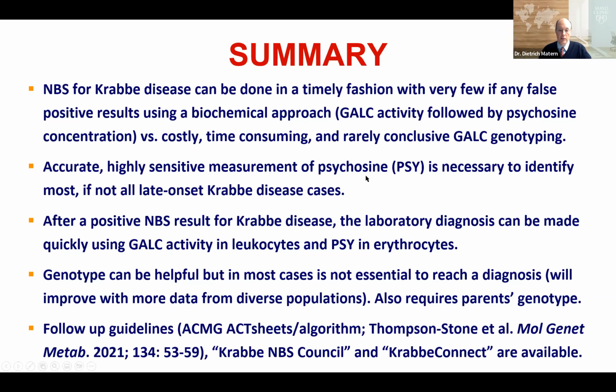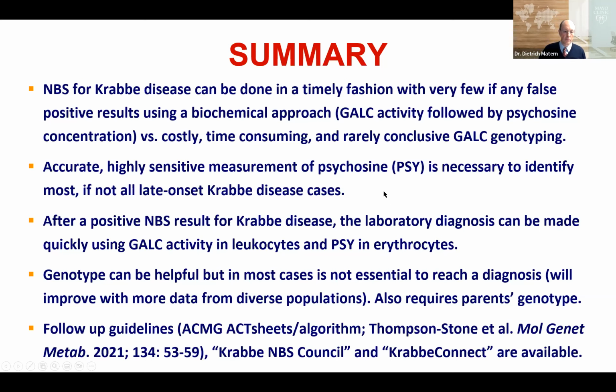Accurate, highly sensitive measurement of psychosine is necessary. So this is one drawback of psychosine, that it requires sensitive equipment that is not necessarily in every newborn screening program. So contracting with one of the 3 laboratories that currently offer psychosine in blood spots would be necessary.